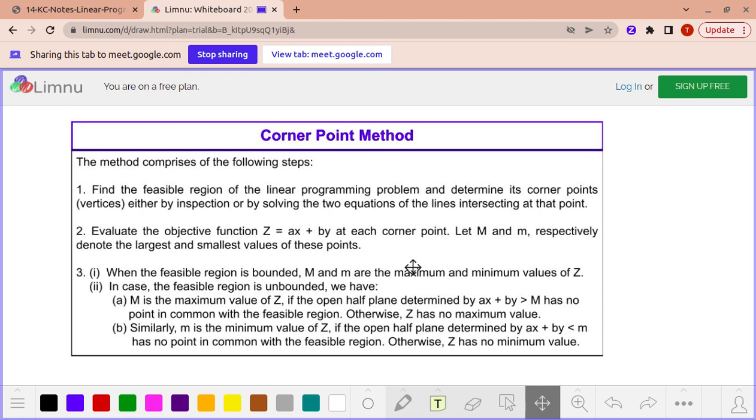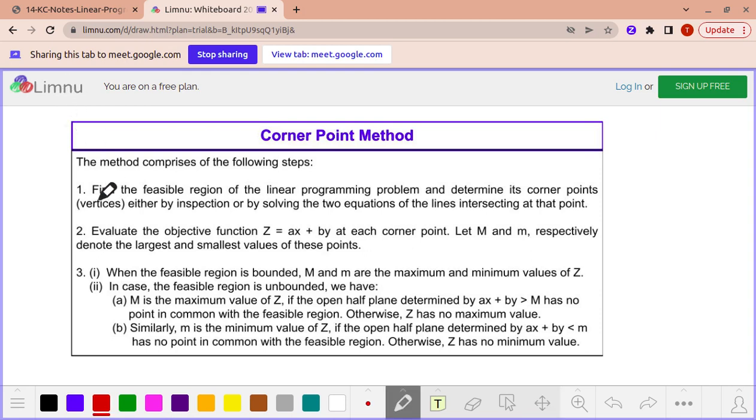In simple terms, first we will solve some questions, and after that we will understand the corner point method. That will help us understand the method very well. But briefly, let me tell you this one. This method comprises the following steps.